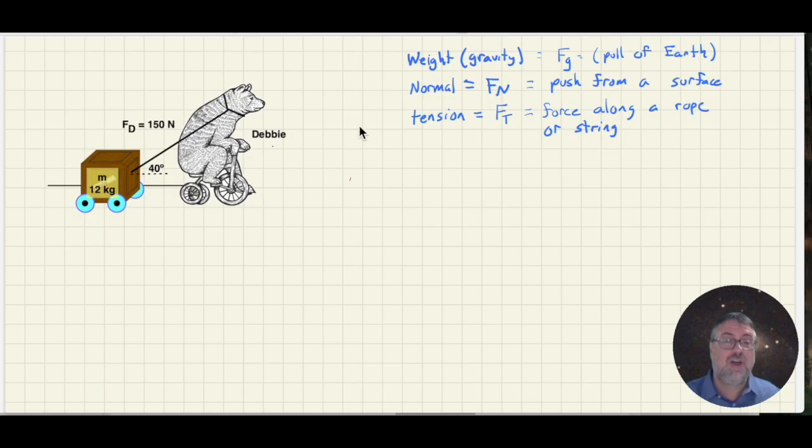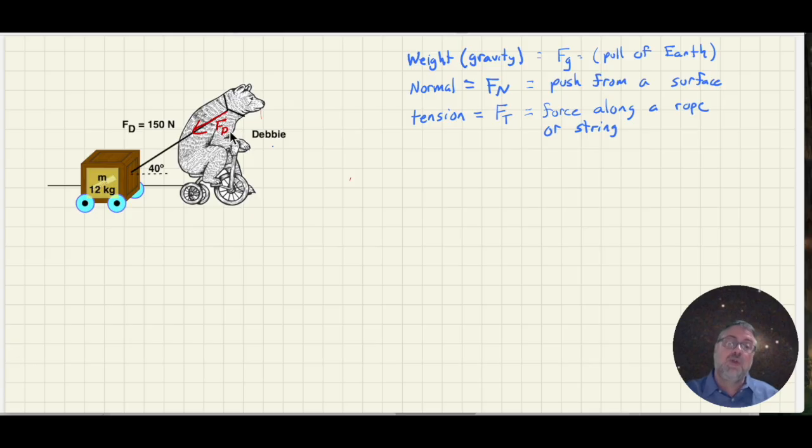Now, the odd thing about tension is that tension exists everywhere on the string. So as Debbie pulls the box, the string is also pulling against Debbie.